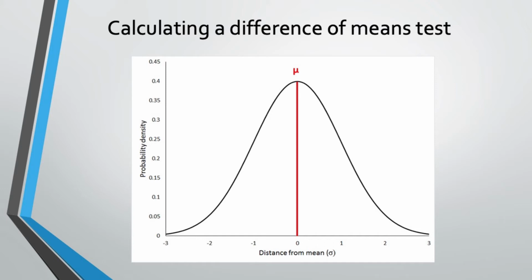Based upon the mathematical principles and assumptions of the normal distribution, we know that 68% of observations are within one standard deviation above and below the mean. And when we branch out to 2 standard deviations, we know that 95% of observations should be within this range, assuming that the data is in fact normally distributed.